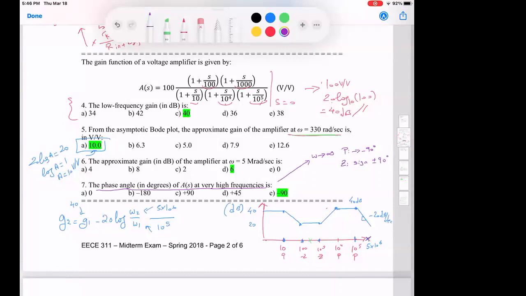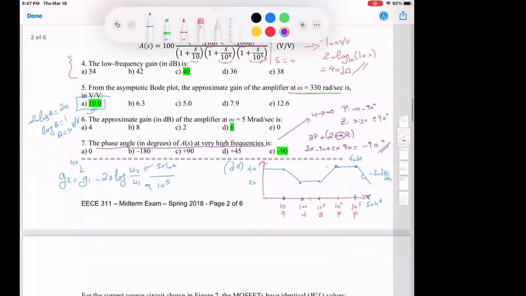In this problem, I have 3 poles plus 2 positive zeros. So this is 3 times minus 90 plus 2 times 90, and this will be minus 90 degrees. Okay? So this should be simple for you.